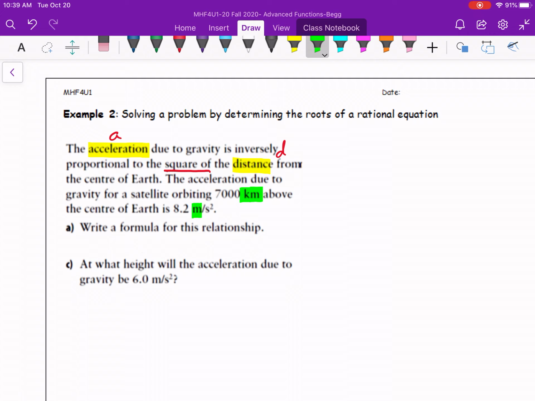So we can't have these different units. So why don't we change this to 7 million meters so that we have the same units.